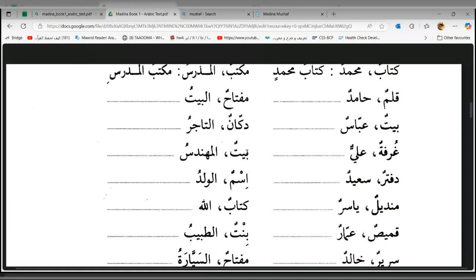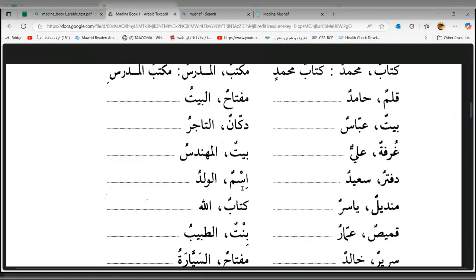We should do that in another session. Basically, their makhraj, where they come from, is close to each other, but they also have slightly different properties. We can do that in another session, inshallah.